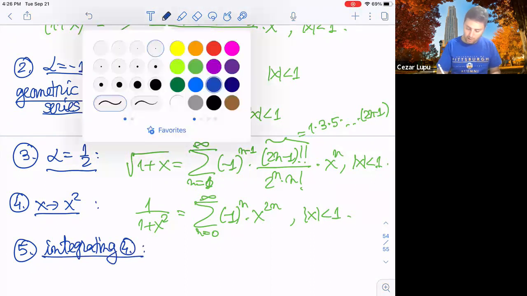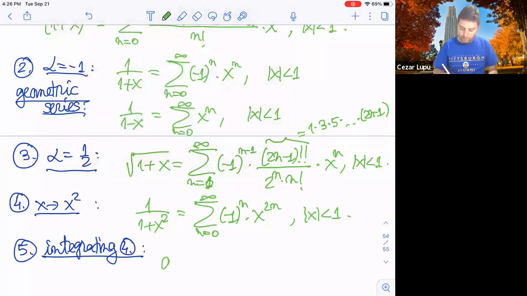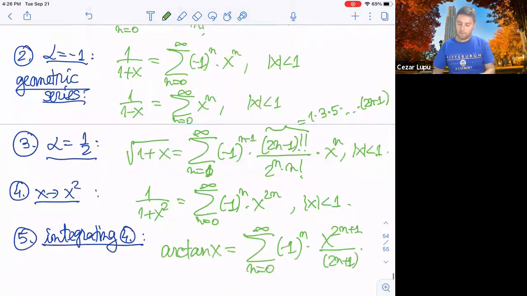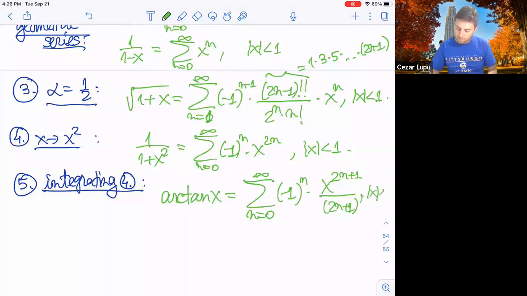So integrating, what do we get? We get the power series for the arctangent function. And again, we can play around.